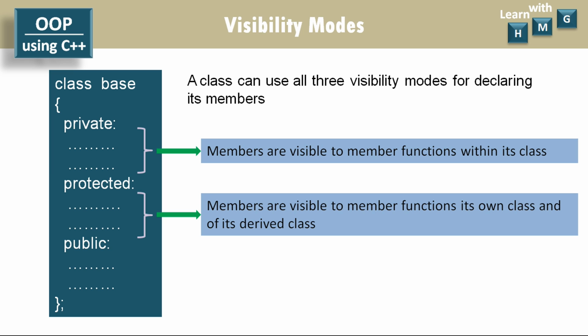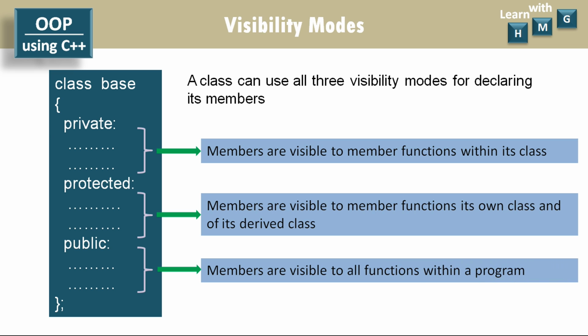So these protected data members can be accessed by the member functions of this class, that is the base class, as well as these protected data members are accessible in the immediate derived class of this base class. And last, the public members. The public members are visible to all functions within a program.